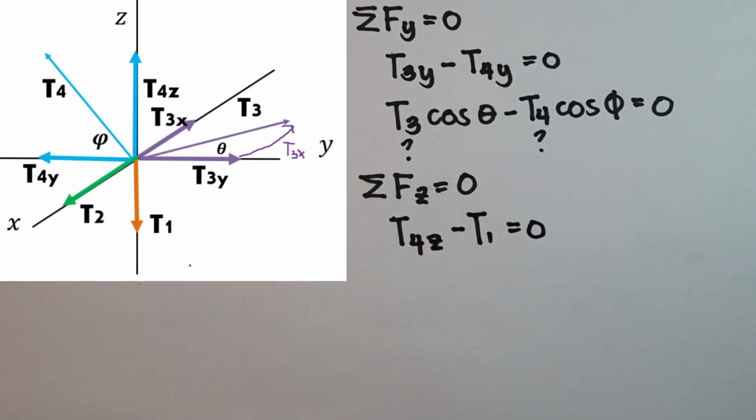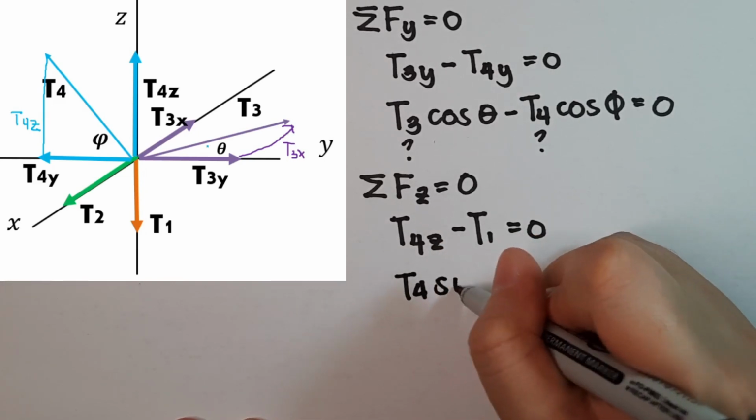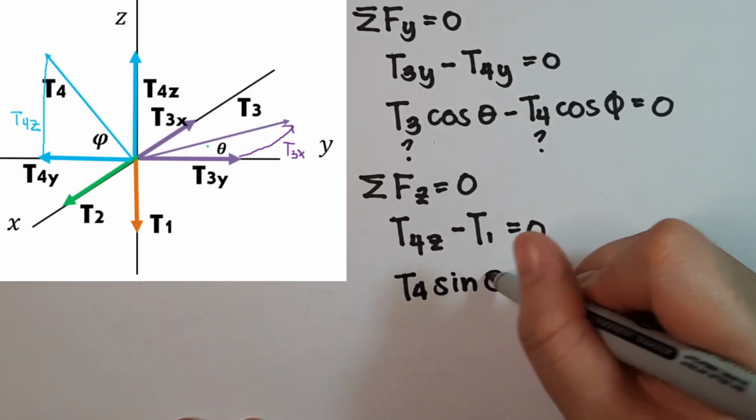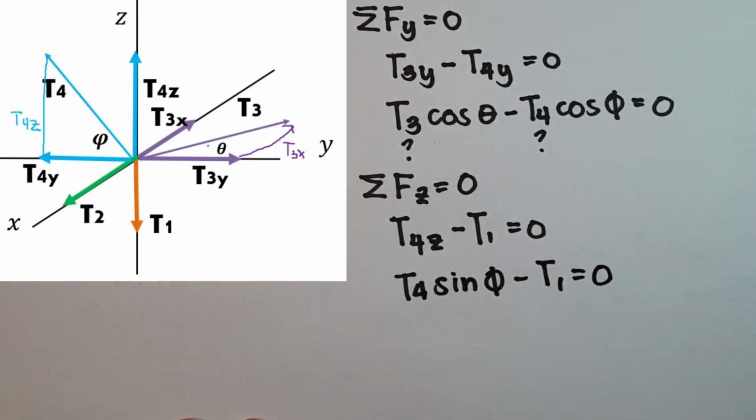Since T4Z has a subscript, let's replace it. If we look, this is phi, and this is T4Z, which is the opposite of phi. It means that is T4 sine phi minus T1 is equal to 0.